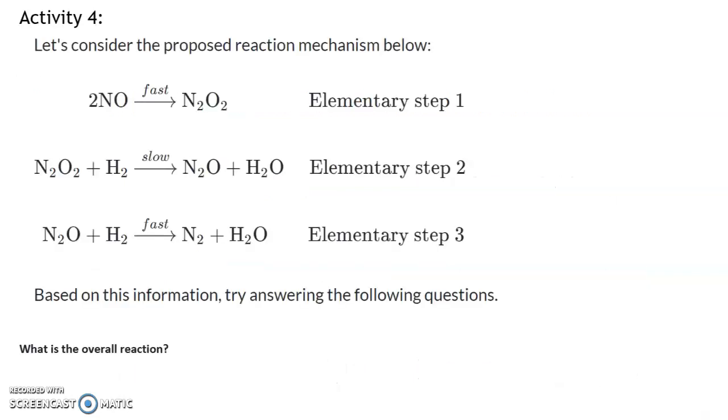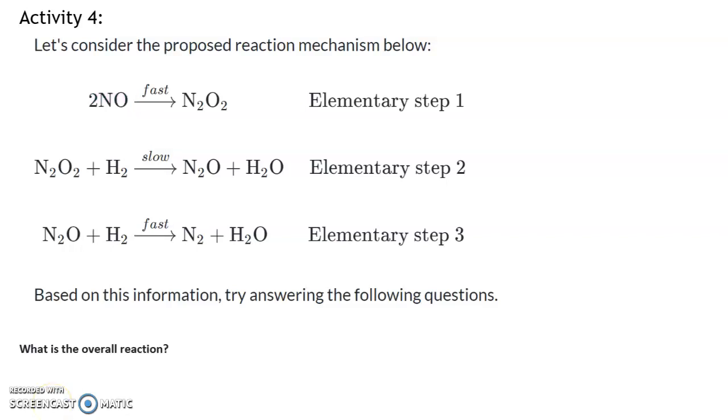Our first question is just what is the overall reaction here if these three small reactions make up a larger observation? So again, what we're basically saying here is that we're starting out with 2NO, and then at the end, we end up observing some hydrogen and some nitrogen.